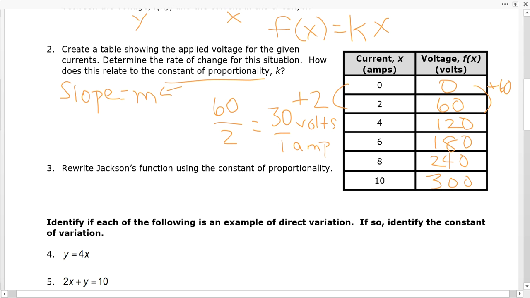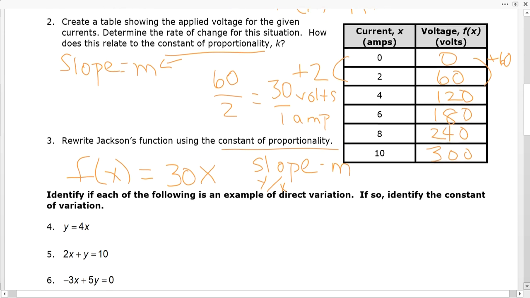Okay, so using 30, we can write the equation as f of x equals 30x, where 30 is the slope, which is also the constant of proportionality. So constant of proportionality, slope, m, change in y over change in x, all the same thing.